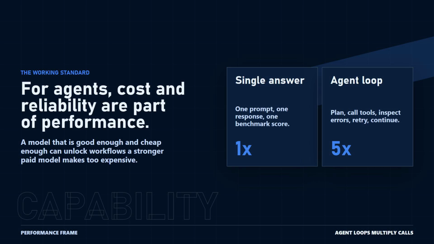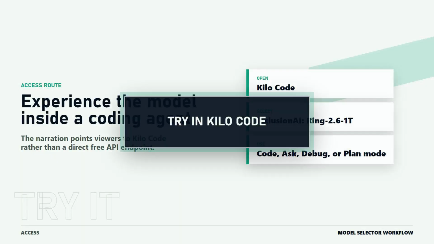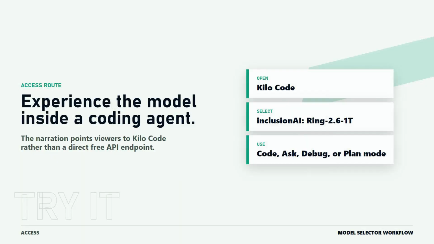Pinchbench number 71 in code mode, context window 262,144 tokens, max output 65,536 tokens, input modalities text. Try InclusionAI Ring 2.621T free in KiloCode. Experience this model with the most popular open source coding agent.